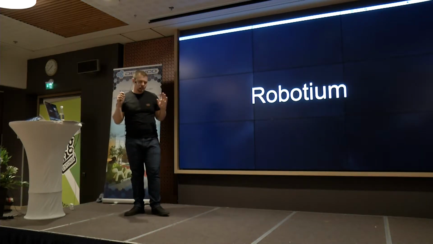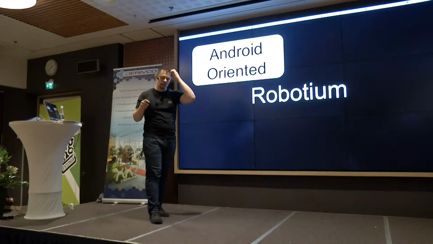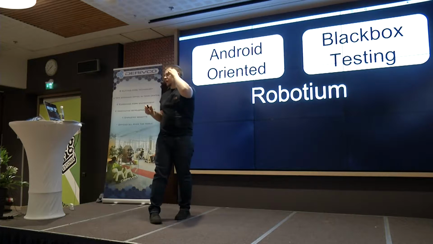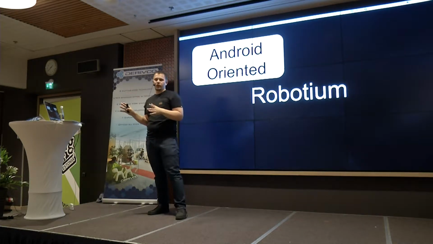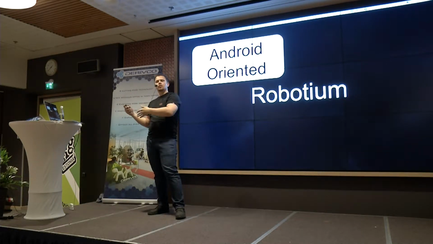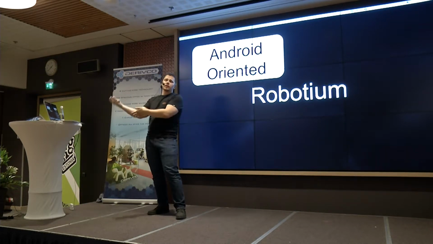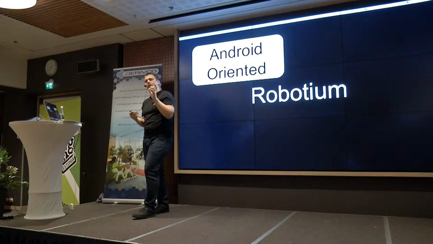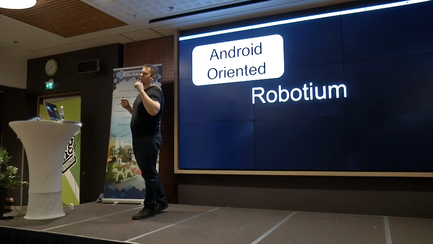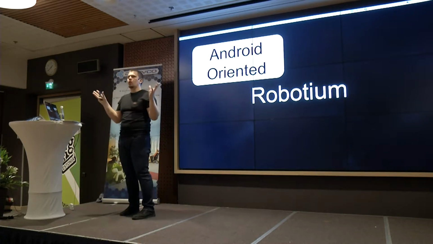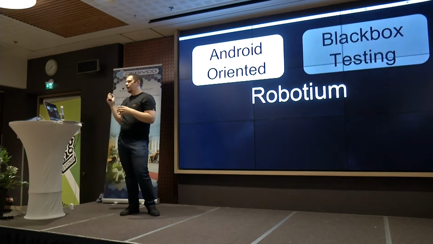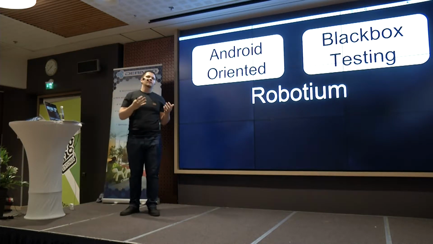So in terms of just a summary of that architecture and what it actually means to us, Robotium is a really Android-oriented framework. As I've mentioned, the tests will exist in the same modules as your production code. Obviously, they will be in the testing part of it, but still they will be residing in the same main core module of the app. People call Robotium black box testing.